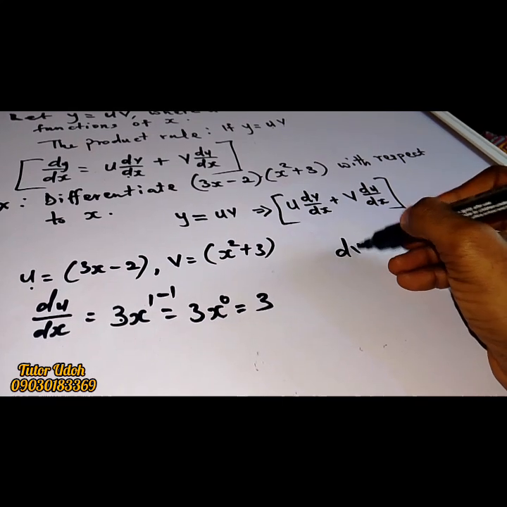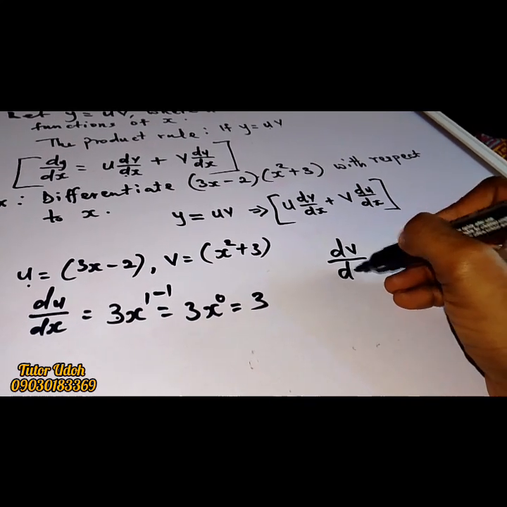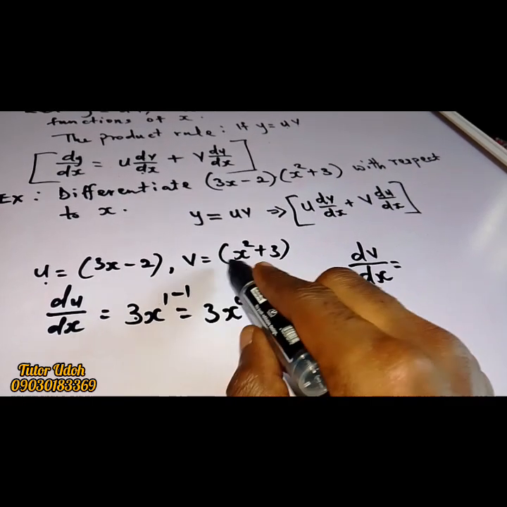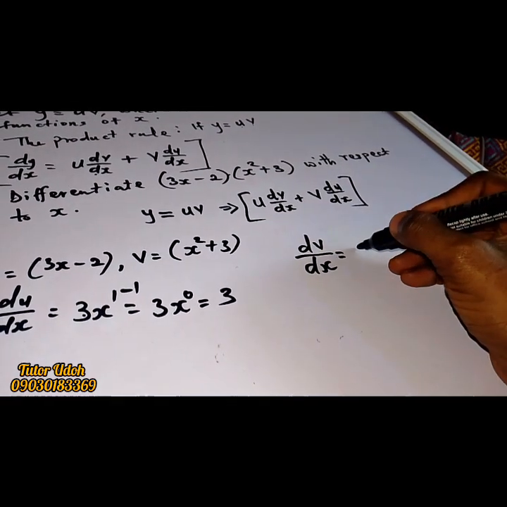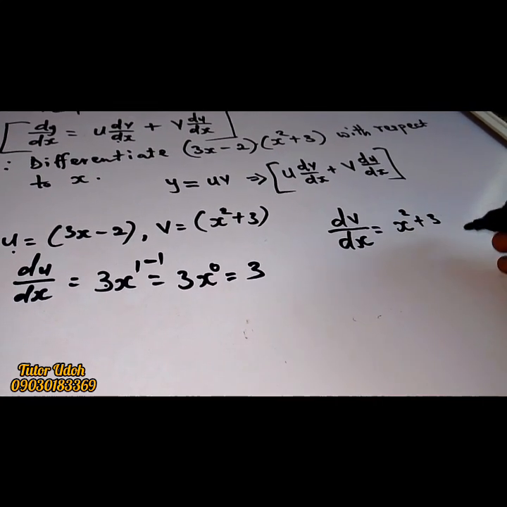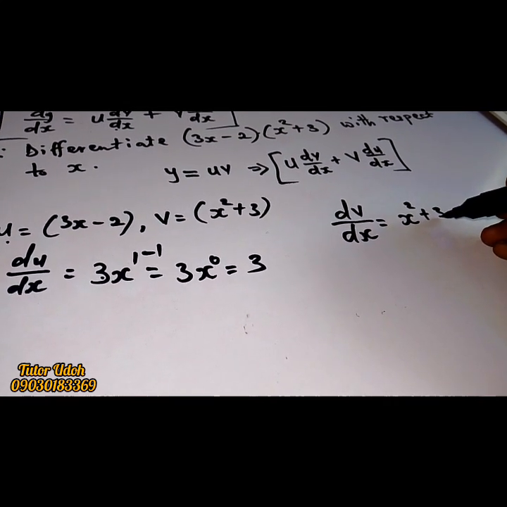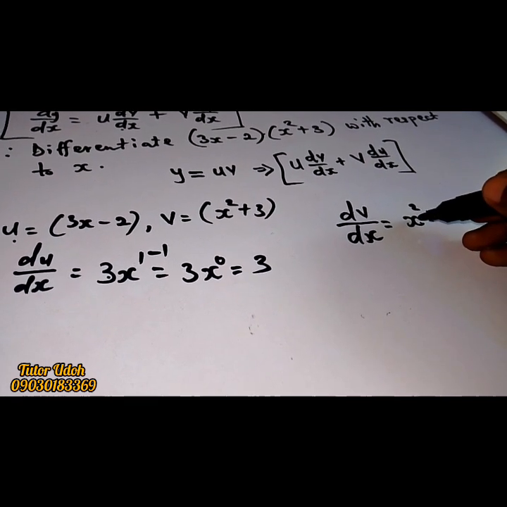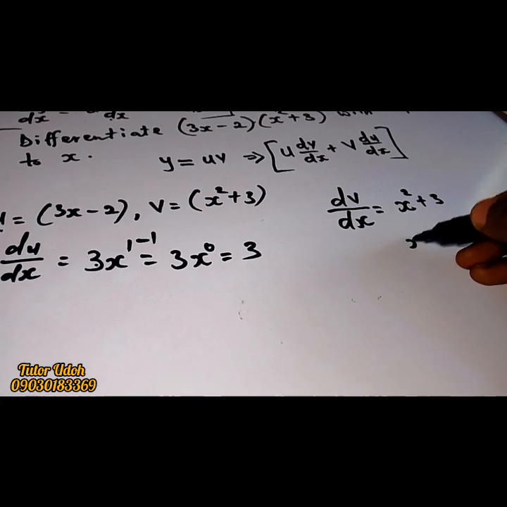So our dv/dx will be equal to, so v is equal to x squared plus 3. So we know that the derivative of this 3 is a constant, which is 0. So we are going to find the derivative of x squared.